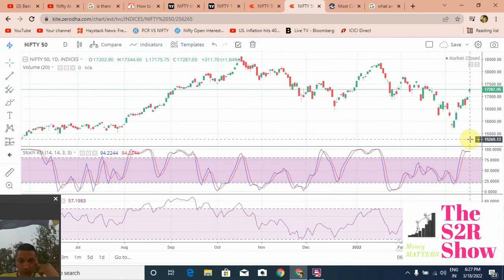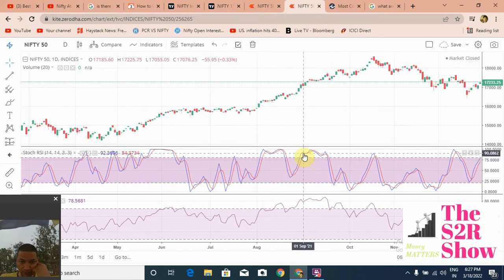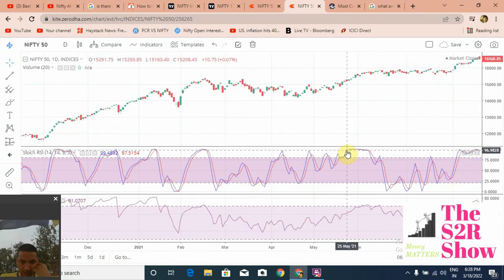If you look at the Stochastic RSI and RSI, around 94 and 57 is the combination, 94, 57. 92, 57, 61. This situation is somewhat similar.